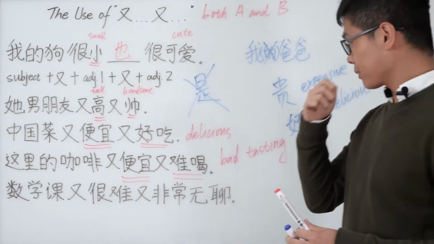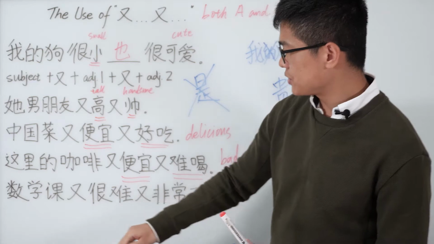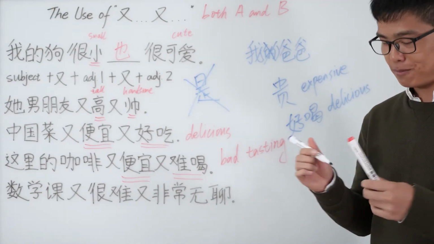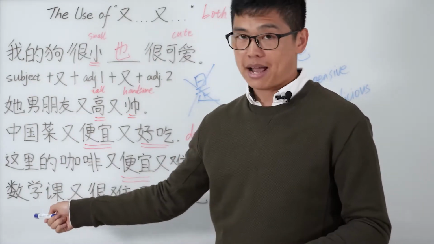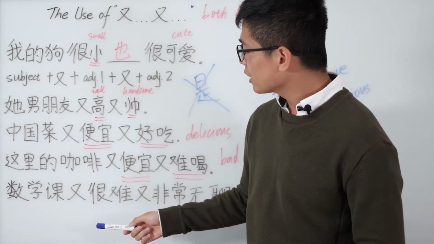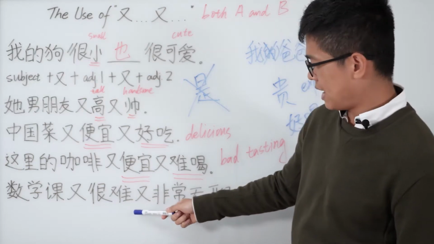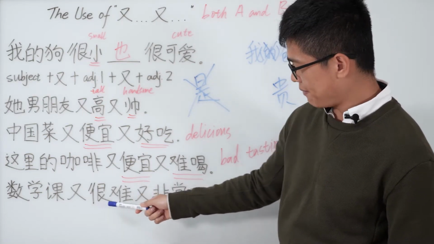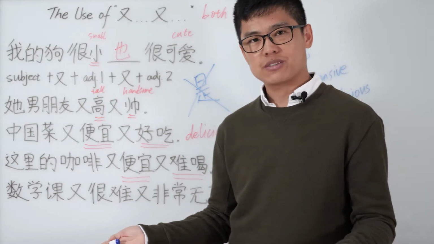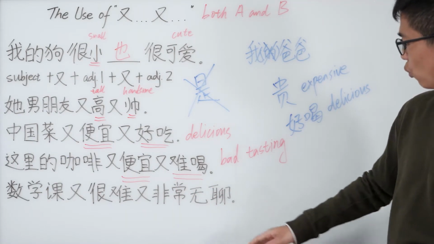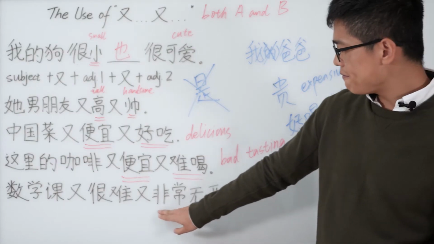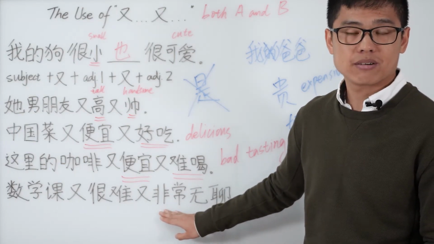Okay? Let's look at the last sentence. Maybe it's another trap. So let's see. 数学课 math class. Okay? 又很难 What is 很难? Very difficult, right? 又非常无聊 非常 extremely, right?